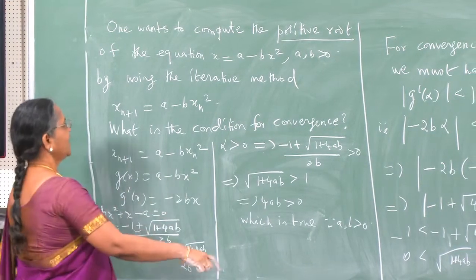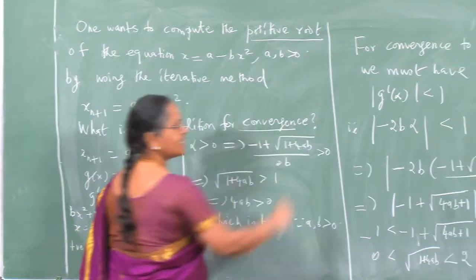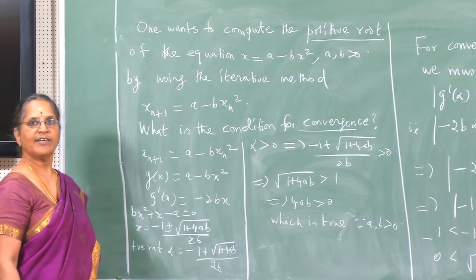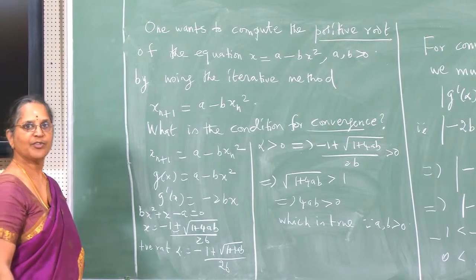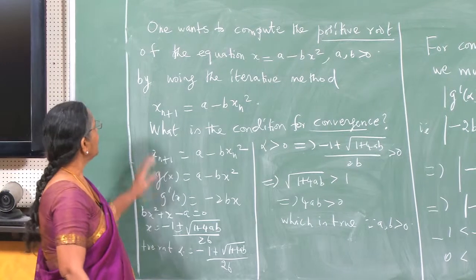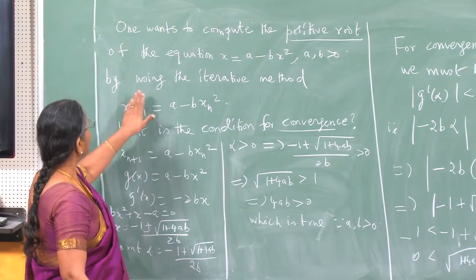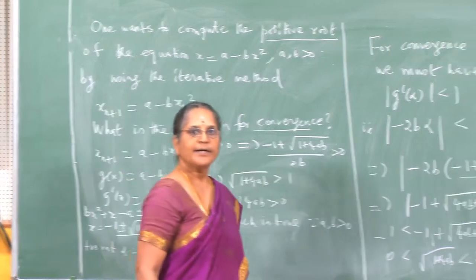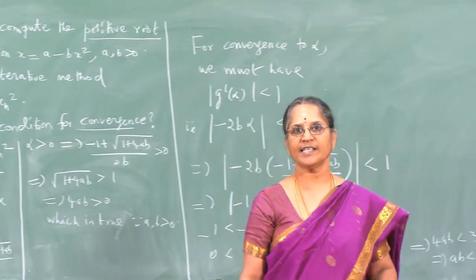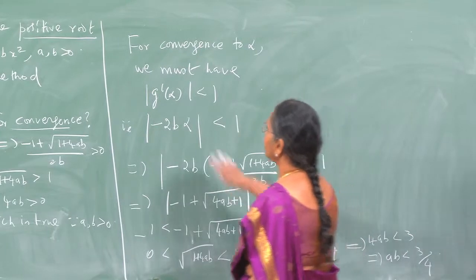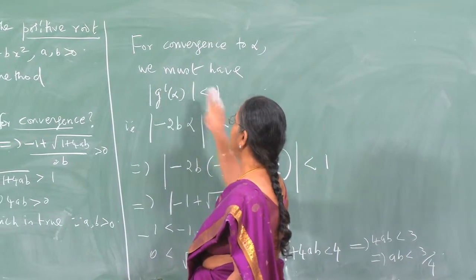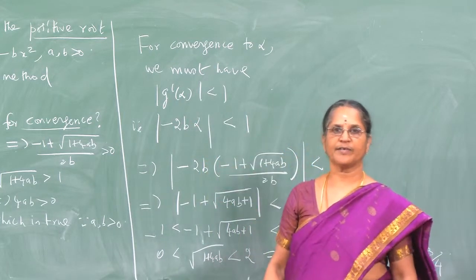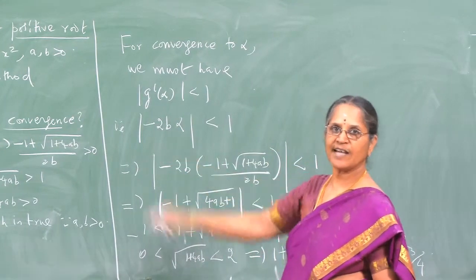So, now let us find out the condition for convergence. We have already seen this condition in our results, which we have shown earlier. If you are given a method which is x is equal to g of x, for convergence, modulus of g dashed of x must be less than 1 at this root, and here the root is alpha.